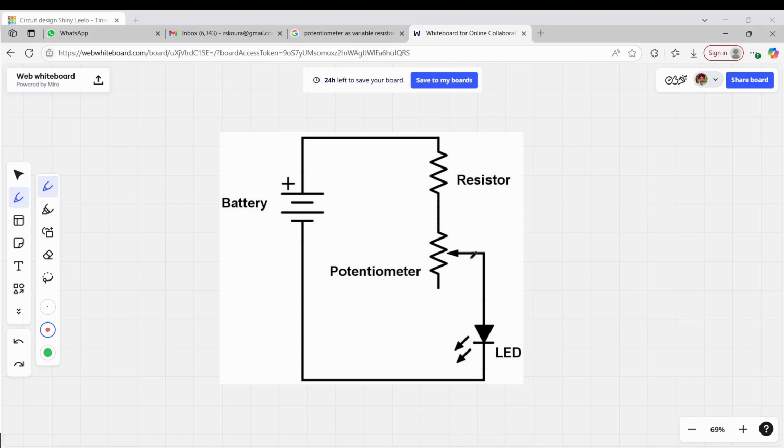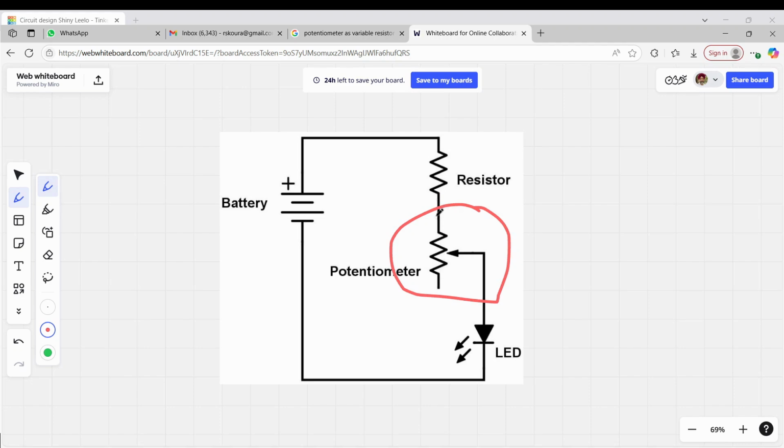All right, just consider this circuit now. This circuit basically has a battery, a resistor. This is a normal resistance, and this is the potentiometer.